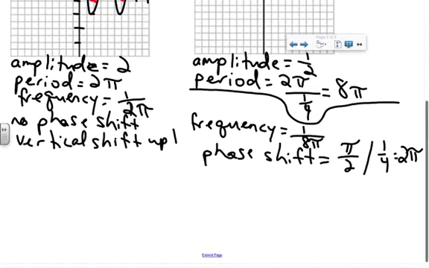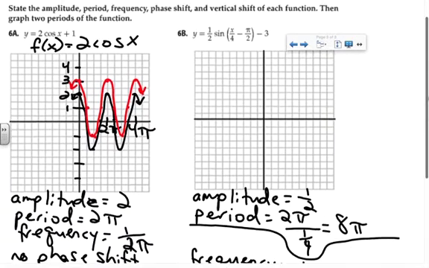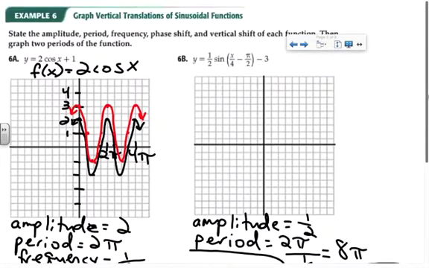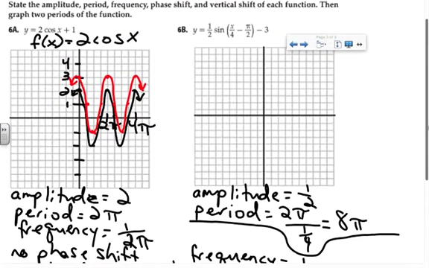Ooh. Okay. So how's this all going to fit on our graph? It wants 2 periods of the function, which means in order for us to do that, we're going to be using the positive and negative side of the x-axis, because I need the period of my graph to get to 8 pi.